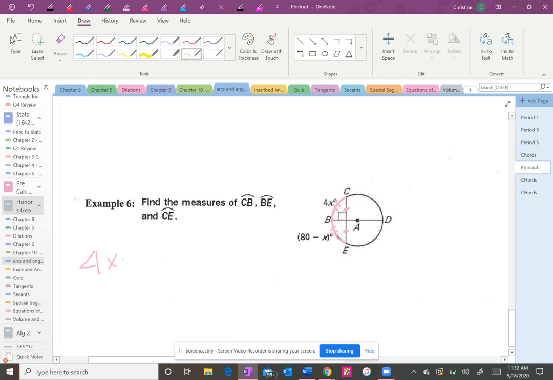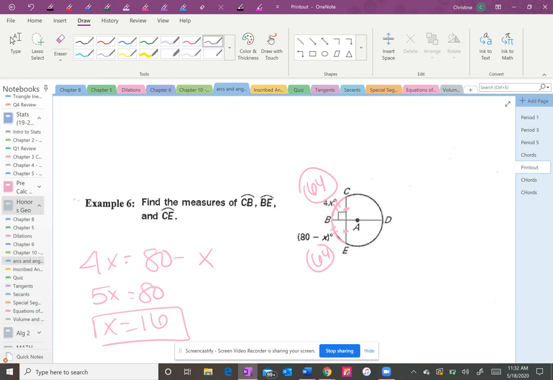And so 4x equals 80 minus x, which means that 5x equals 80, which means that x equals 16. Find the measures. X is 16, so 4 times 16, what is that, 64? And 64. Does it want anything else? It wants CE, which is the whole thing, so this would equal 128.